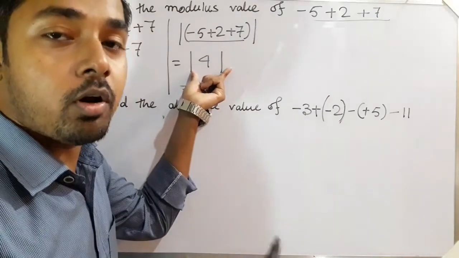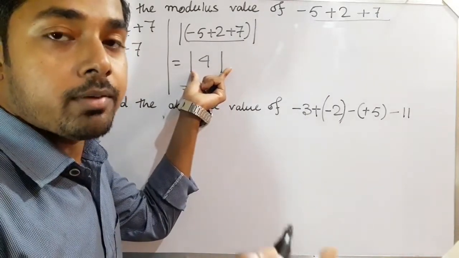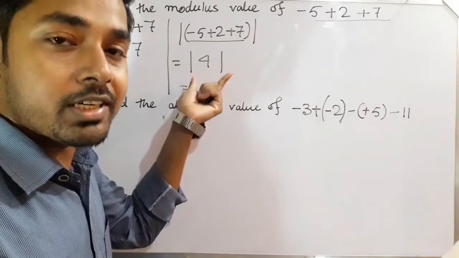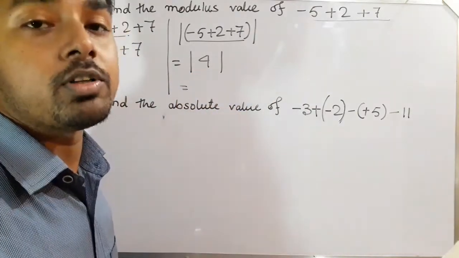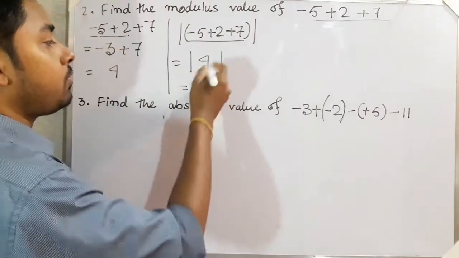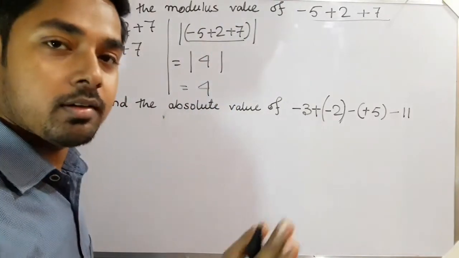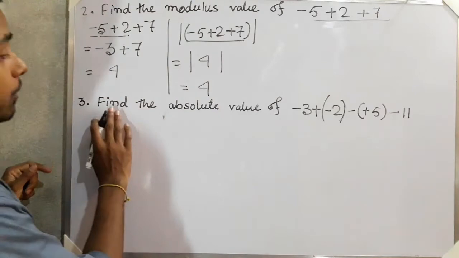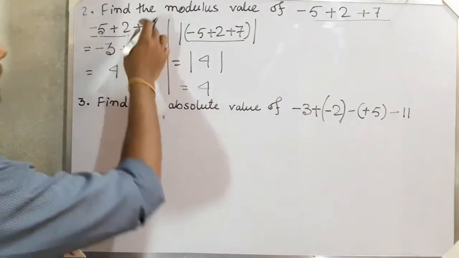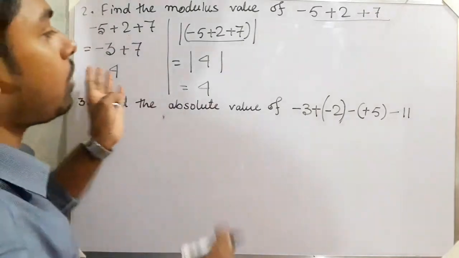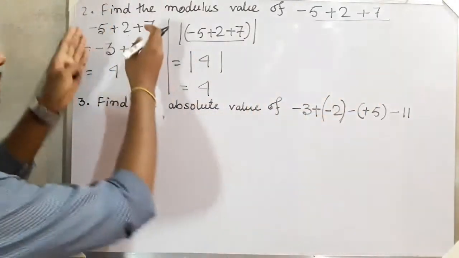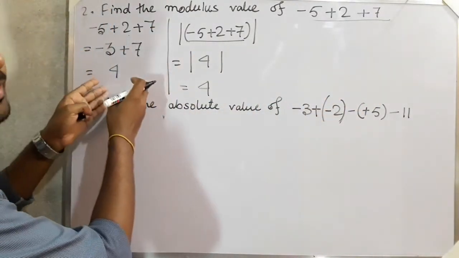We already know that the modulus value of a positive or negative integer will be only positive. So it is positive, so 4 only. Clear? And one thing, this simplification you have to show in this question. You will not do it in rough.